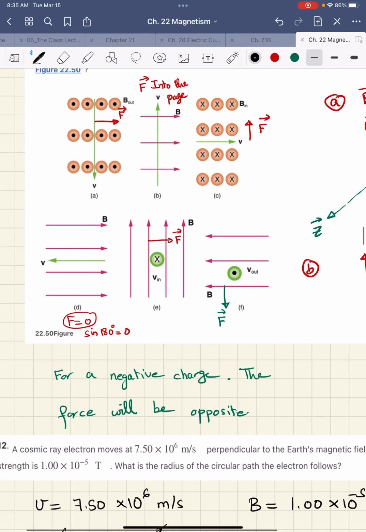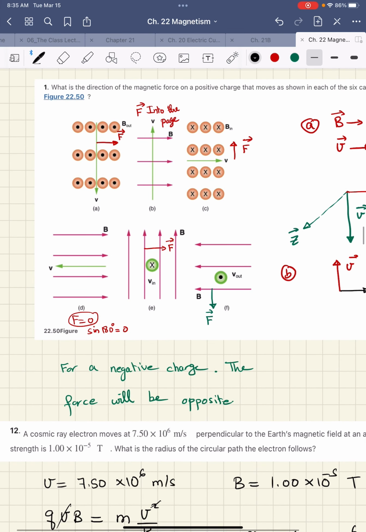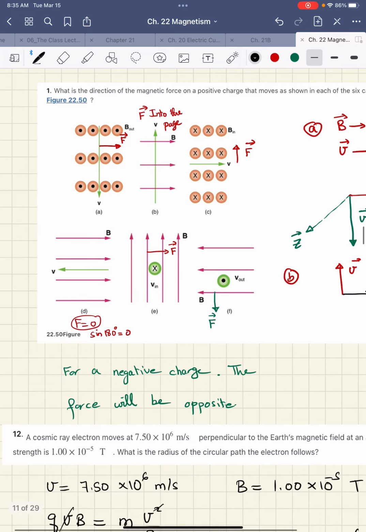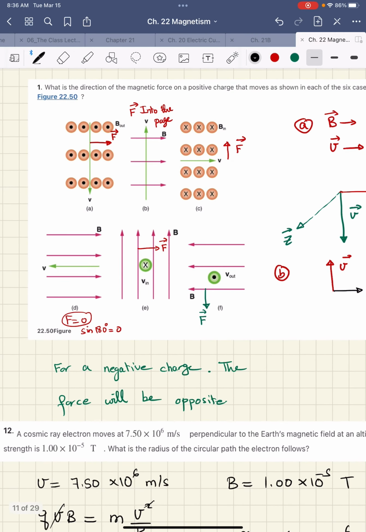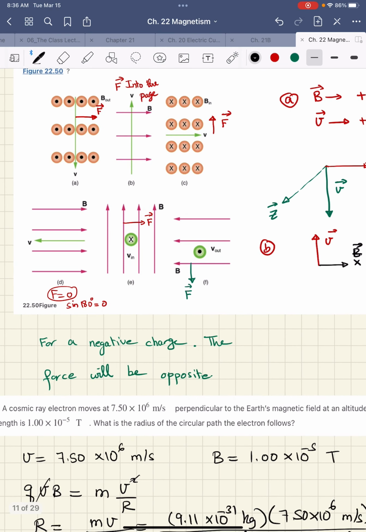I have completed the forces. This one is going to be upward, this one to the right, this one downward. Check these, and then you might ask me later if you did not get these.